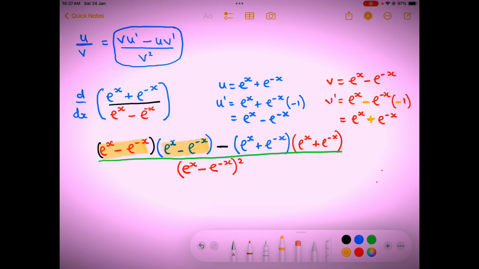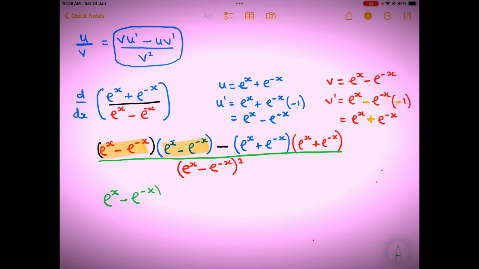So we can write this as e to the power of x minus e to the power of minus x, in brackets, all squared, right? The other one also follows the same thing.